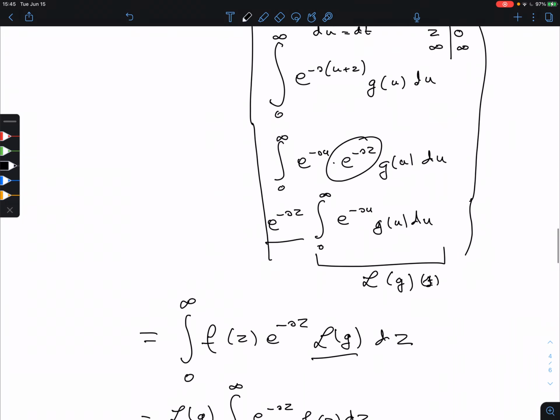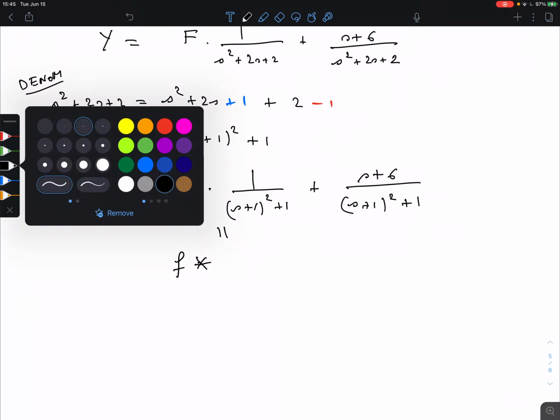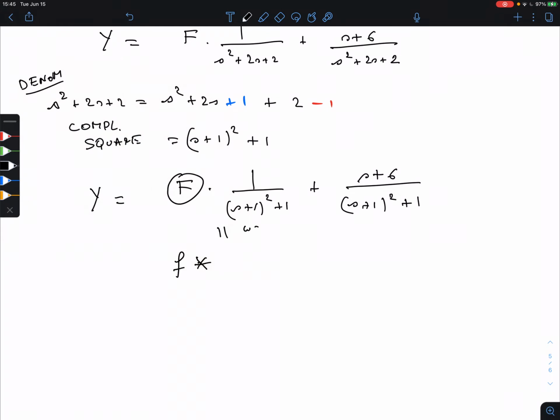Okay, so let's write that down here. So this will be what? I have to take the convolution of the inverse Laplace of this and the inverse Laplace of that. Let's write down what it is. Be careful, we have to analyze this a little bit. We have that omega is 1 and a is negative 1, minus minus, okay? So this is e to the minus t sine t.